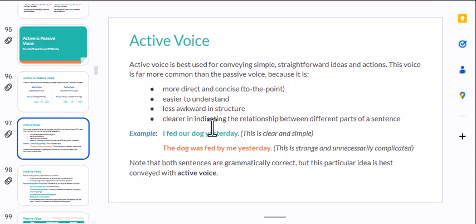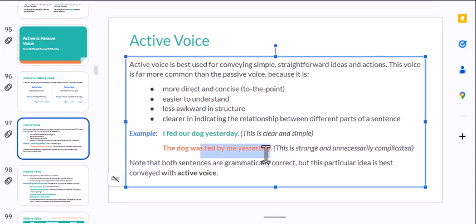On the other hand, if you were to write this simple sentence in the passive voice, you would say, the dog was fed by me yesterday. So in this way, we transform the sentence to another voice, which is the passive voice. And it's very unnatural. It's not real, by the way.